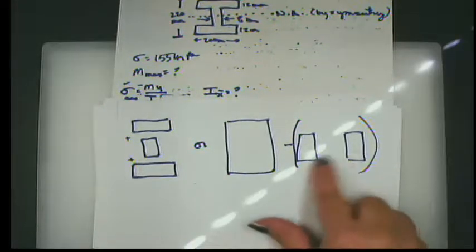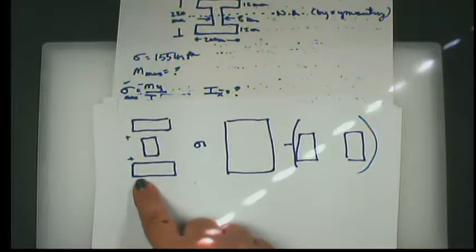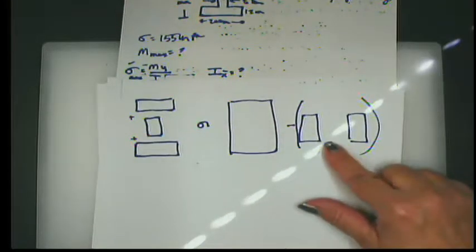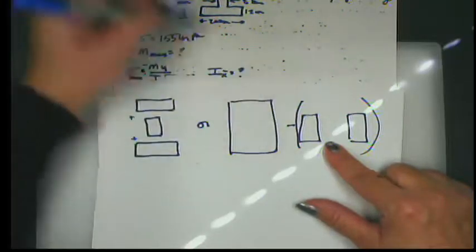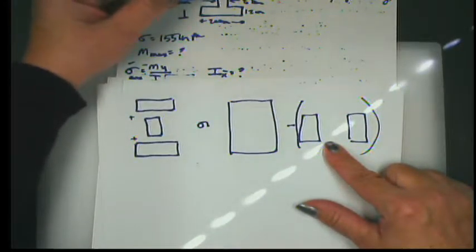The advantage to this one is I wouldn't really have to use the parallel axis theorem. So I'm going to go ahead and do this one because I really want to show you guys how to use the parallel axis theorem. So why don't you have to use the parallel axis theorem here? Well, the reason is because the cutouts, if I look at it that way, have the same neutral axis.